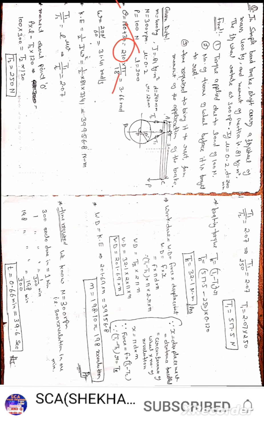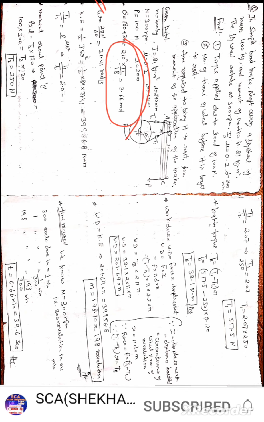Sorry, this is not 18, this is 180. Please note it in your notes. So 210 into pi upon 180 gives the value of theta as 3.66 radian.